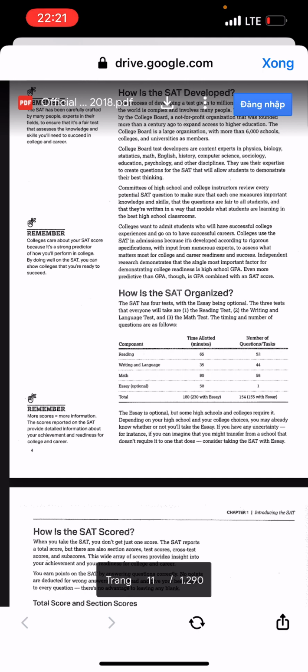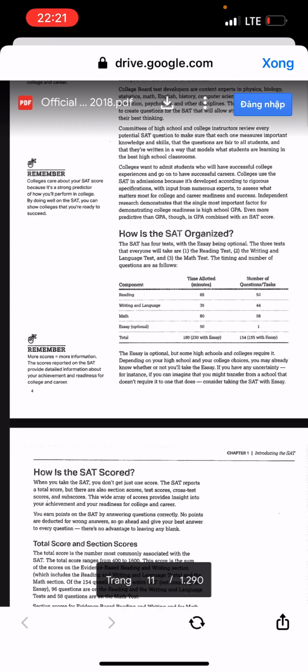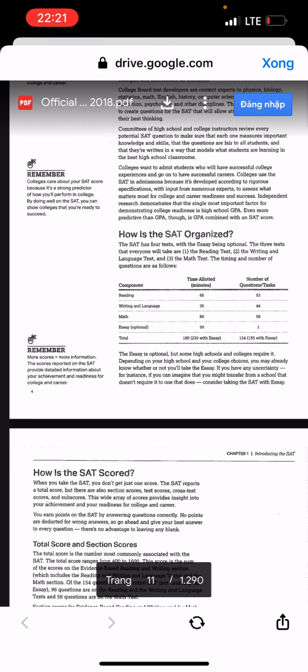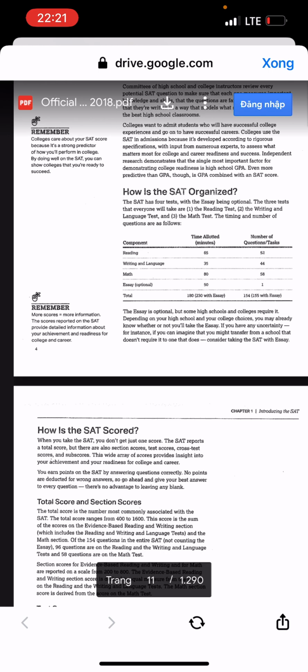The essay is an optional test, so you can either take it or not. The time allotted is 50 minutes and the number of questions is just 1. Total: 180 minutes, 230 with the essay, and 154 questions, 155 with the essay.